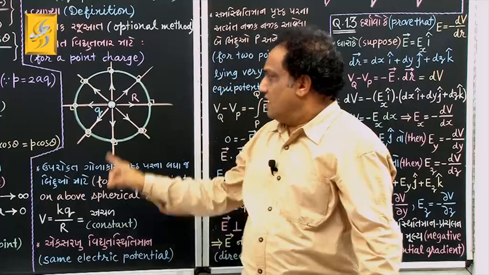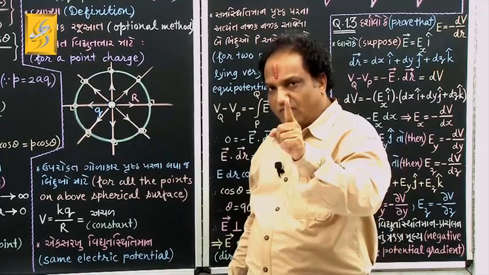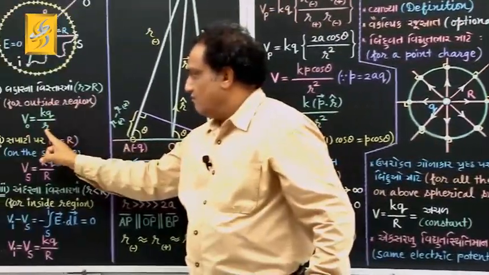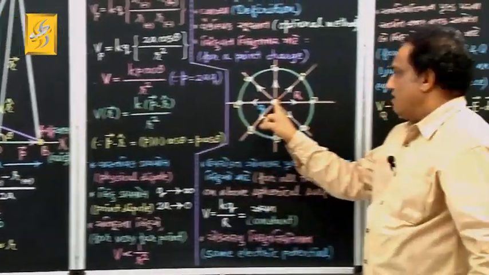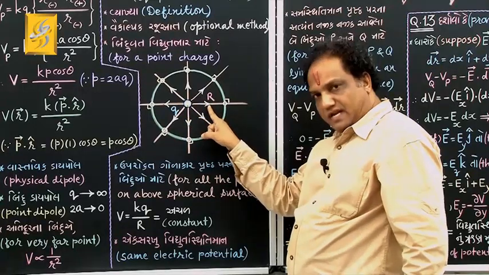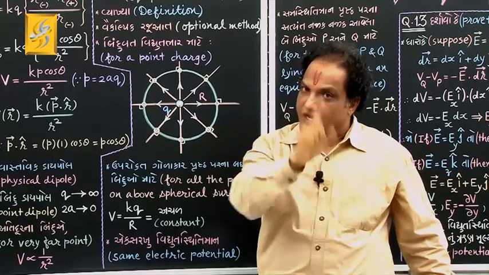Here, if you move away from this positive charge, don't you know the formula for electric potential due to a point charge? KQ upon R, correct? When you increase this distance, naturally potential will decrease. But when you are moving away this way, where are you moving? You are moving in the direction of electric field, correct? So when we move in the direction of electric field, potential will decrease.